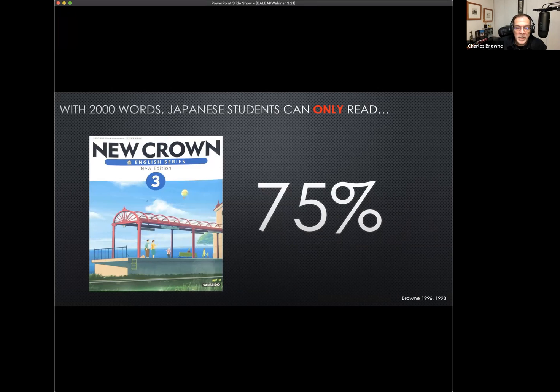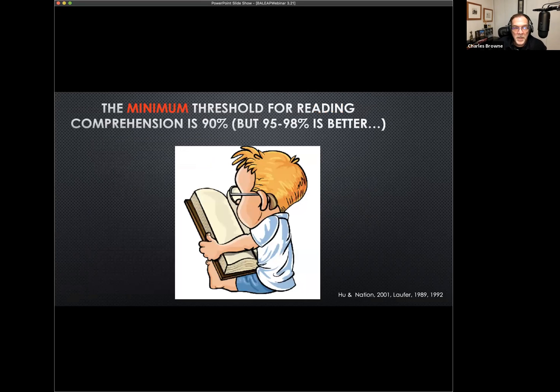So what we have here is this odd situation where Japanese English textbooks made for non-native speakers are harder than native speaker materials, and that's a big problem. So as you remember, the minimum threshold for reading is 90%. But we're hoping for 95 or 98%.